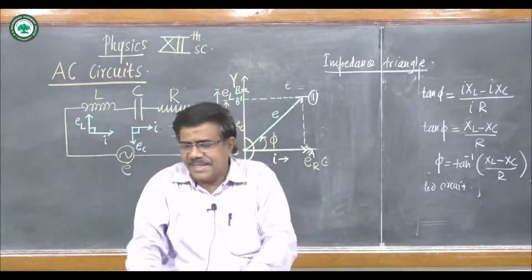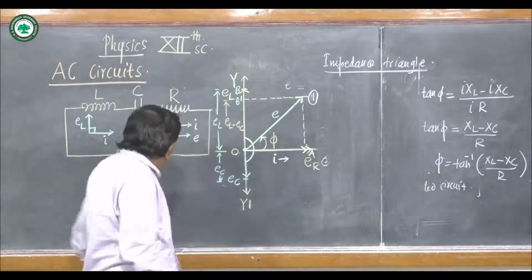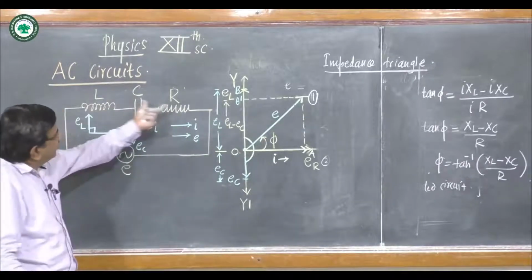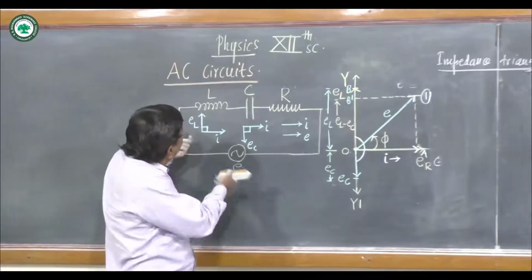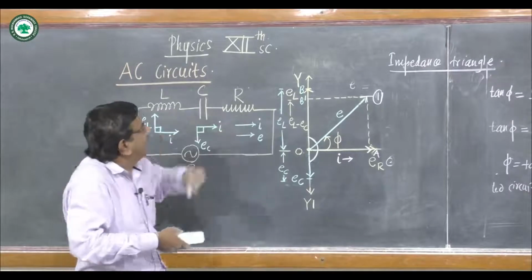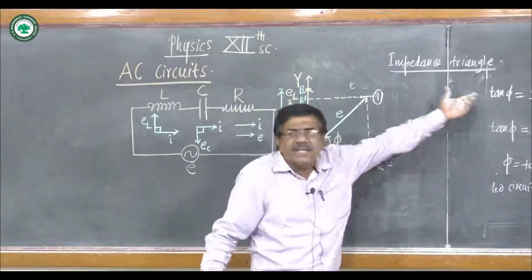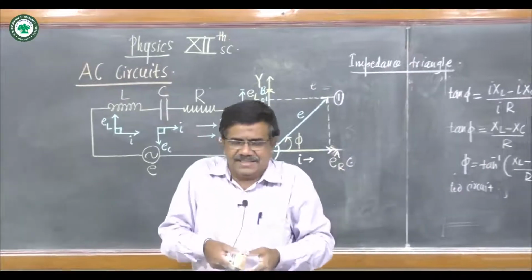When alternating EMF is applied across this series LCR circuit, there is a net opposition to the flow of that alternating current, and we call that net opposition impedance.